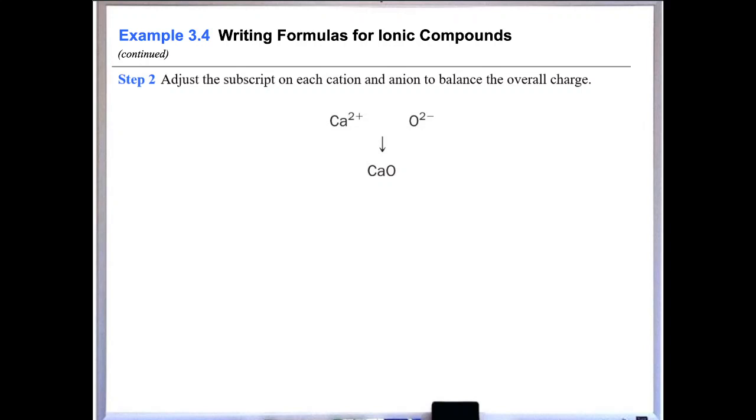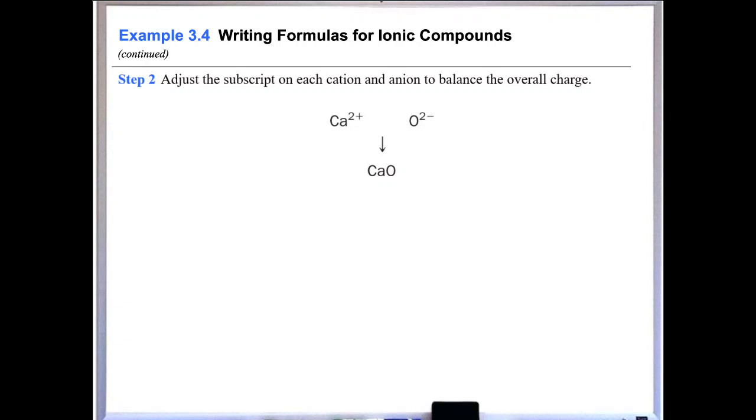Then what we want to do is write those together. We have calcium, we have oxygen, so forget anything else and just copy them and write them next to each other. Leave a little space in case you need to write a subscript. What we're going to do is called the crisscross method.